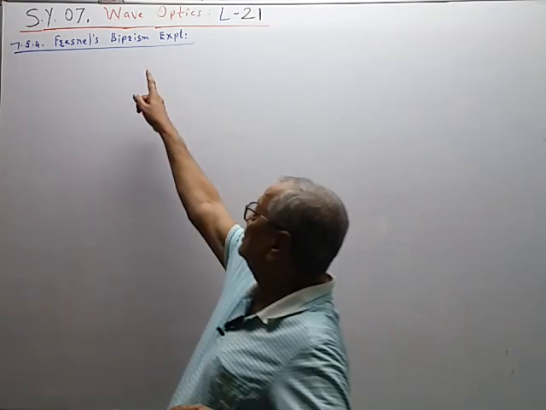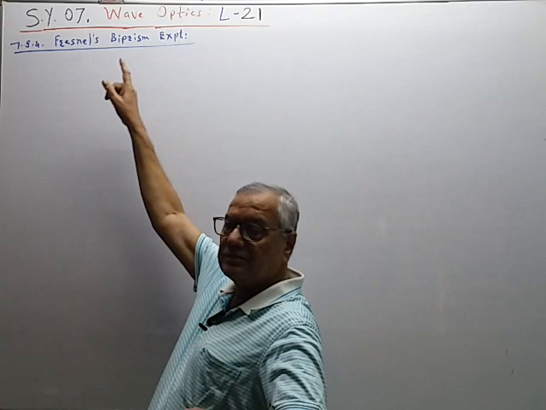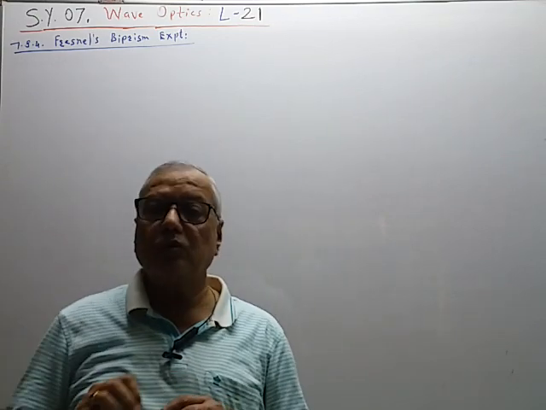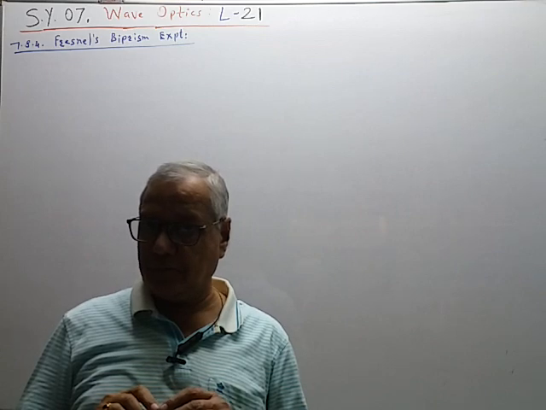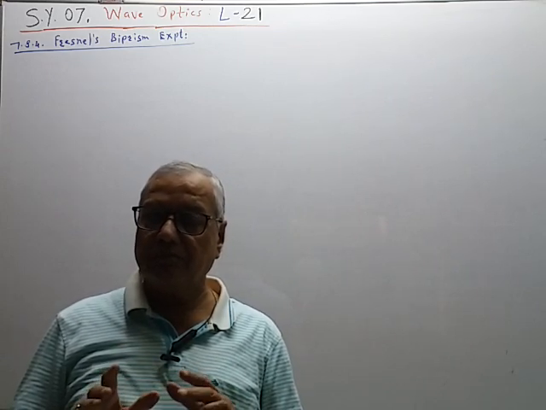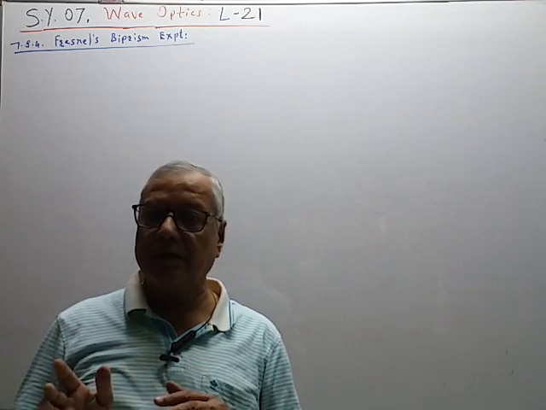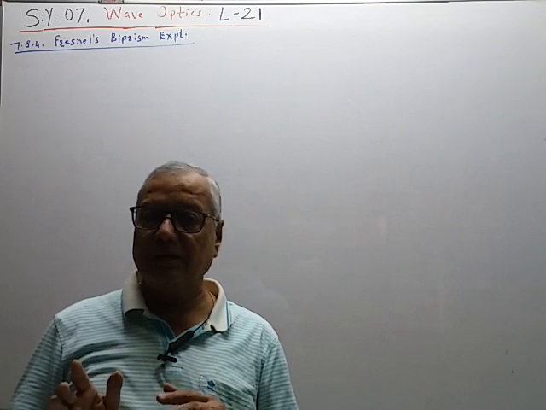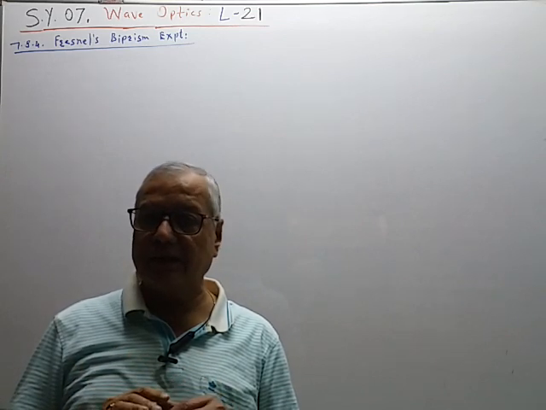Now this is the third method. The scientist has used the biprism to produce the coherent sources, and this use of biprism is implemented in producing the stationary interference pattern like Young's double slit experiment.